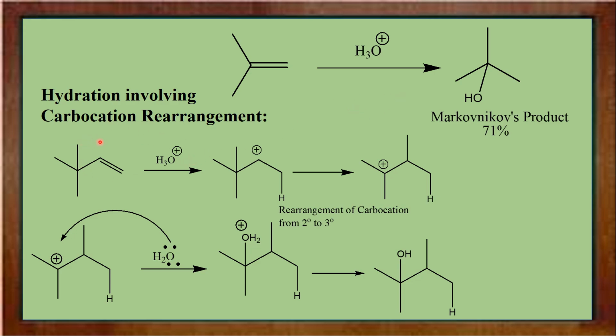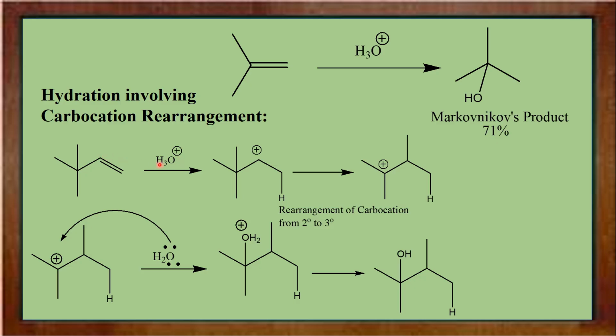Here I have given an unsymmetrical alkene and I have added dilute acid. Hydronium ion gives H plus. That H plus approaches the pi bond. The pi bond heterolyzes to give a minus on the less substituted, plus on the more substituted carbon.